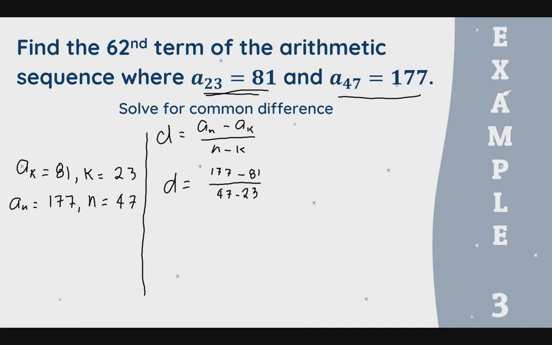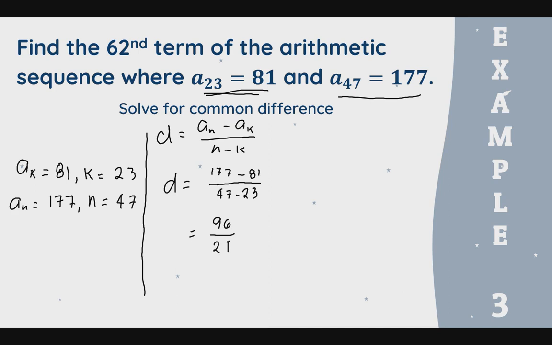So 177 minus 81 is, very good, 96. And 47 minus 23 is, very good, 24.